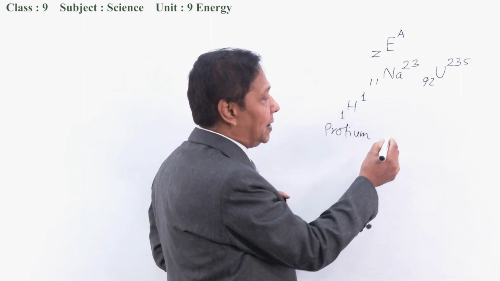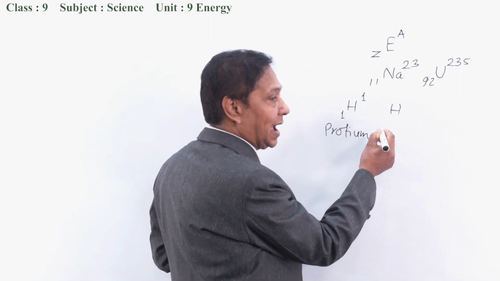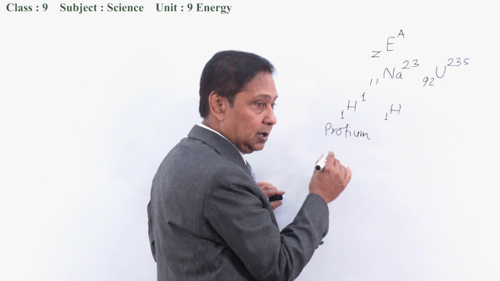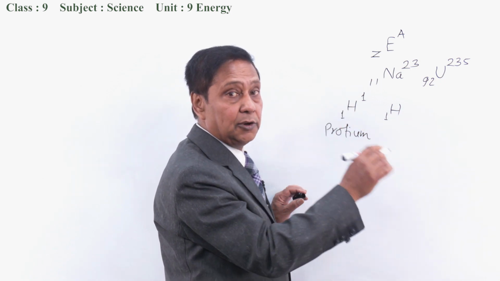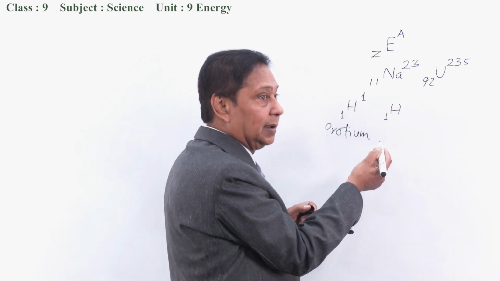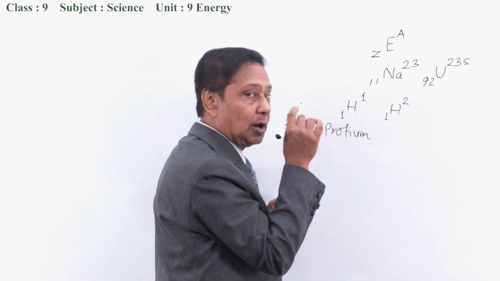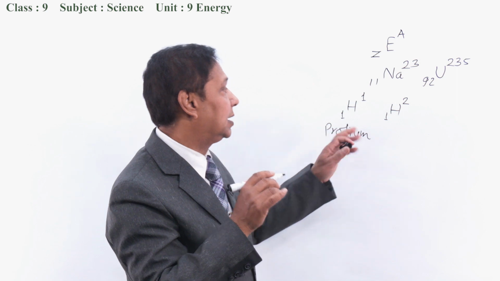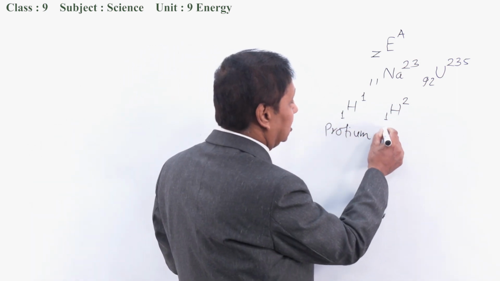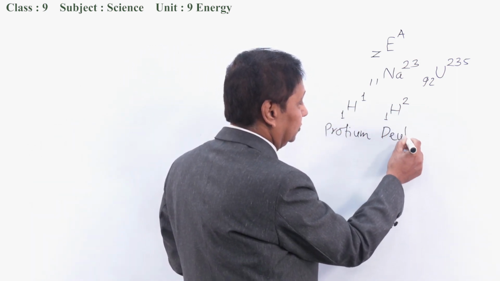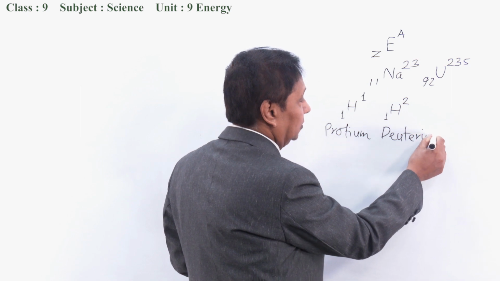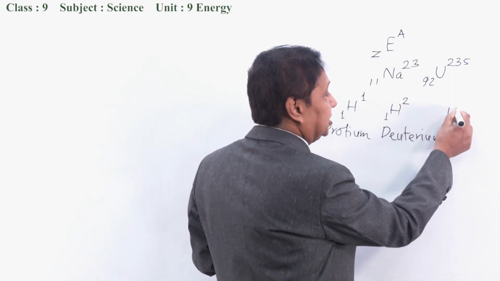And hydrogen is available in this form also. Hydrogen having atomic number 1 means the number of protons is 1, but the number of neutrons is also 1. This is heavier than the first, and its atomic mass is 2. The number of protons plus the number of neutrons gives the atomic mass. This is called deuterium. And another is tritium.